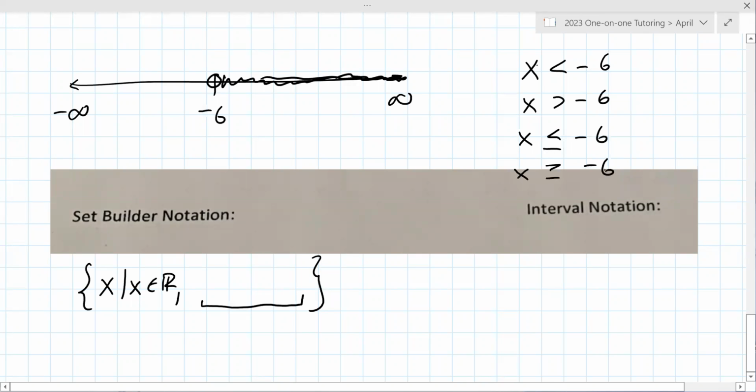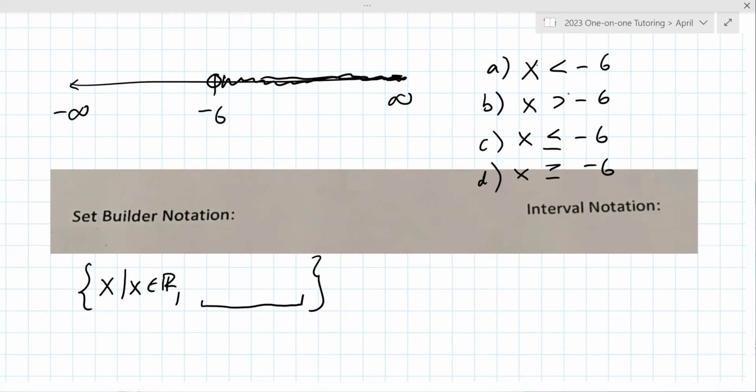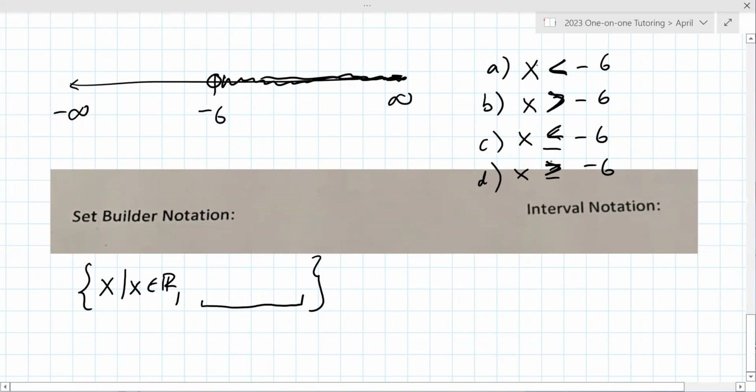Which one is the right one? The arrow points which way the line is shaded, right? That's correct. So it would be B. Yes. So that's what goes here.